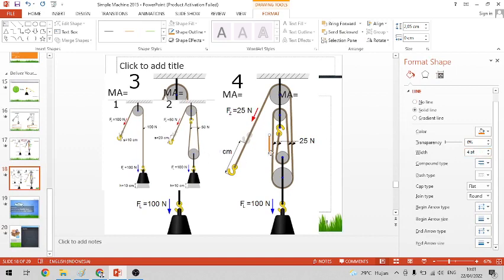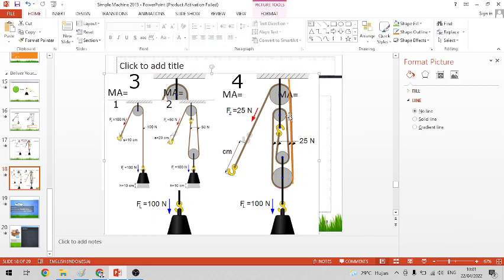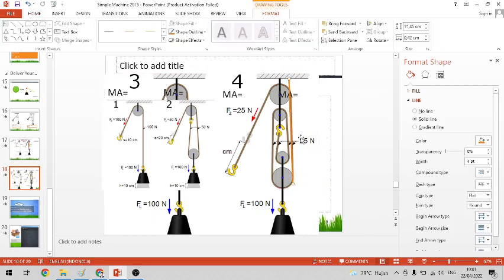You can see there are 4 ropes. This one and this one, 1, 2, 3, and 4. And this person here is only connected to one of the ropes, which is this one. It's only connected to one of the 4 ropes. It means this person only needs to pull using 25 Newton. It means the mechanical advantage is 4.